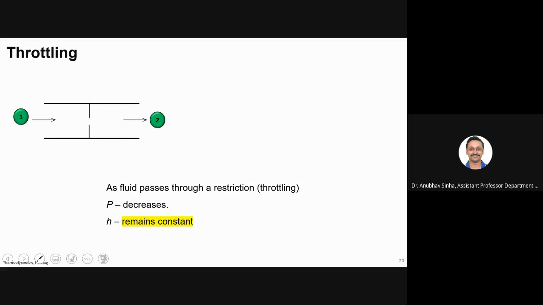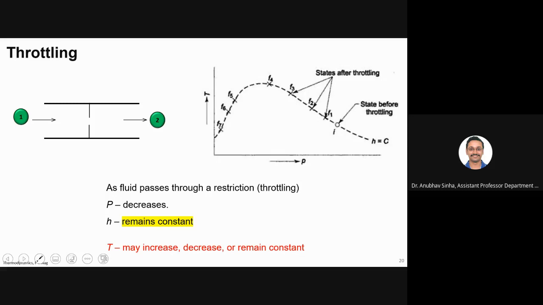Now, if I want to show you in a T-P plot, what it will look like? Let us say that this is the initial state, and if you change pressure at 2, these are the different states that you can get. Mind you, this is not showing the process.